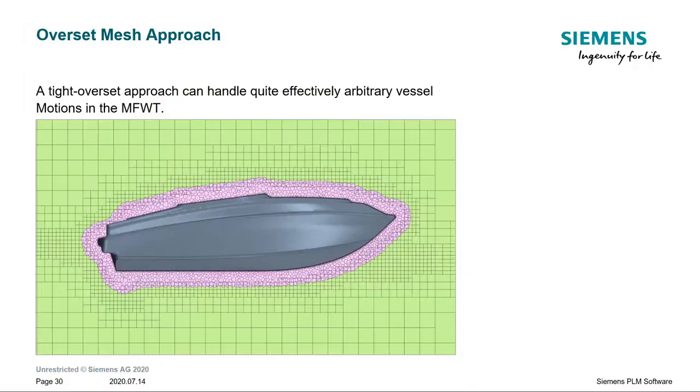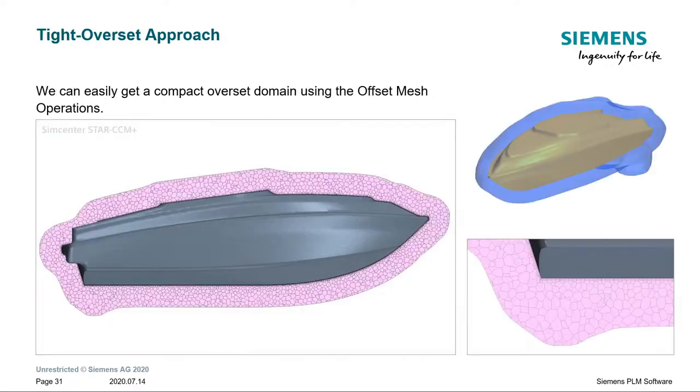First of all, for this type of advanced marine application, I would recommend using a tight overset approach, which means that the overset region is as small as possible, tightly surrounding our vessel. There is a very simple way to obtain the overset boundary thanks to the offset mesh operation.